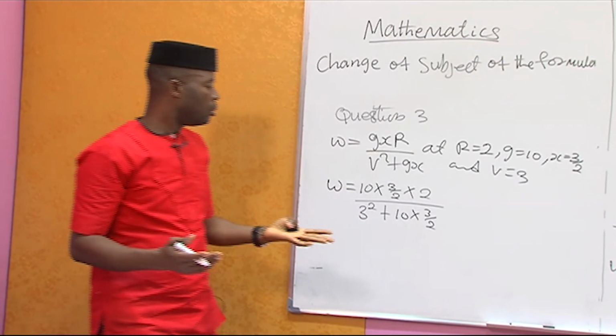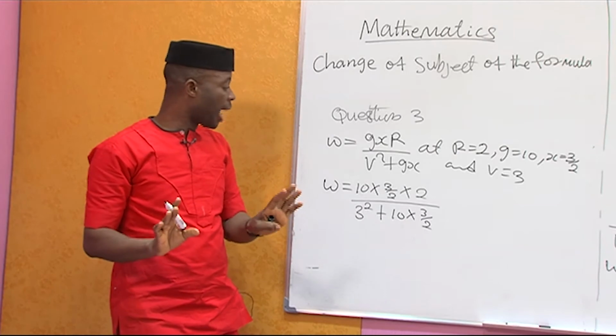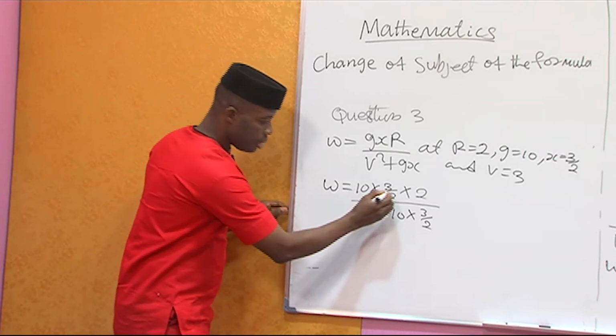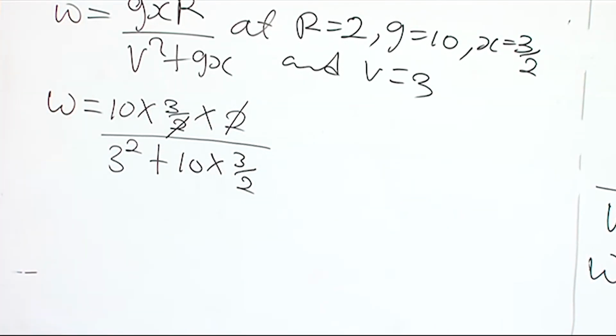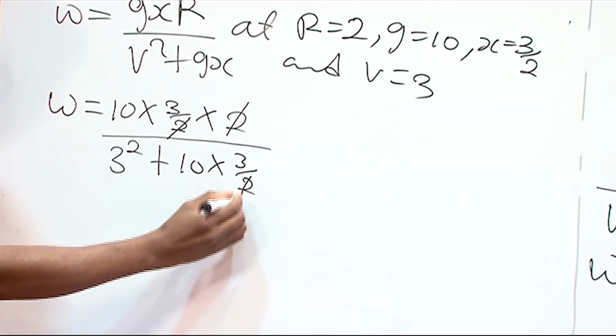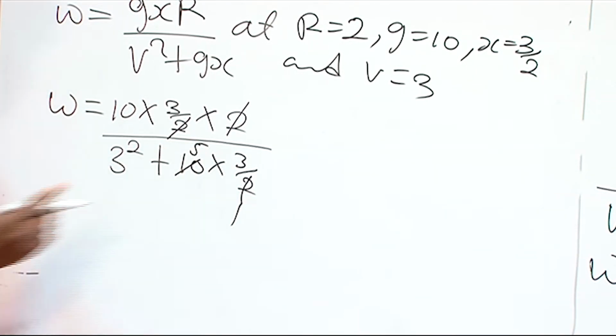But there is no calculator with us, so we do easy cancellation. These two will cancel these two. In use of board mass, you can cancel here 1, cancel here 5.